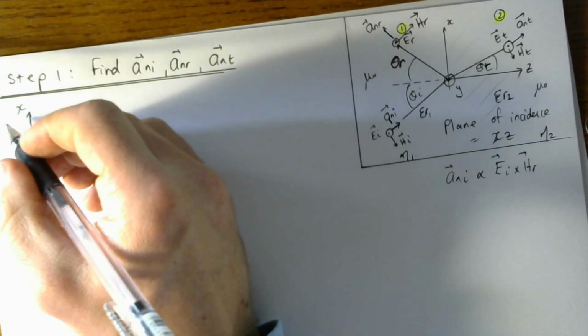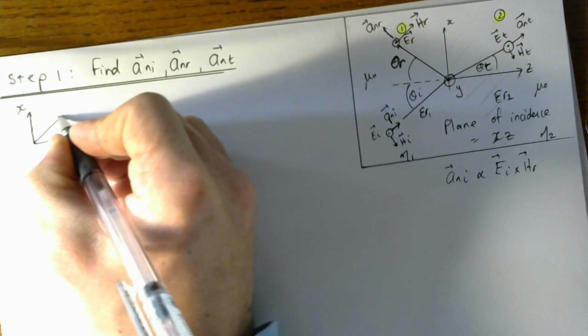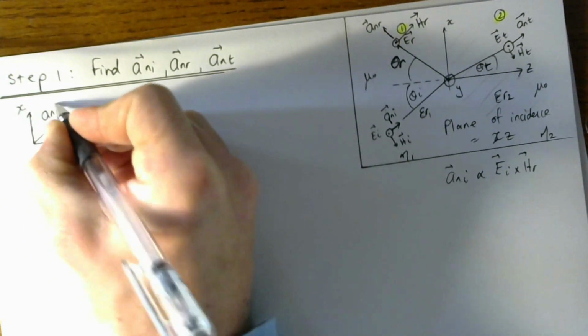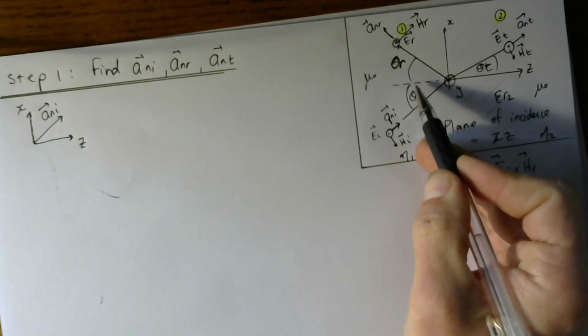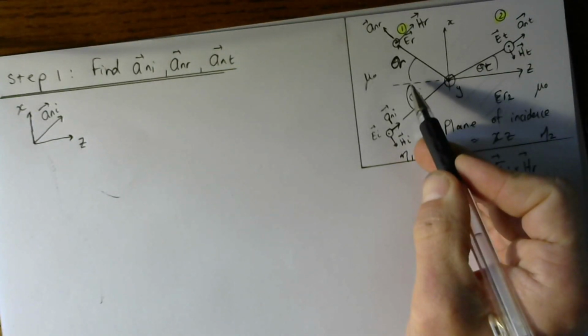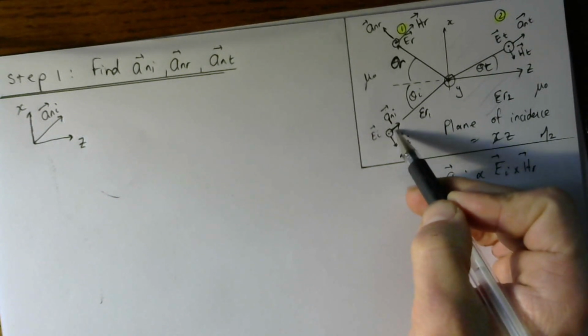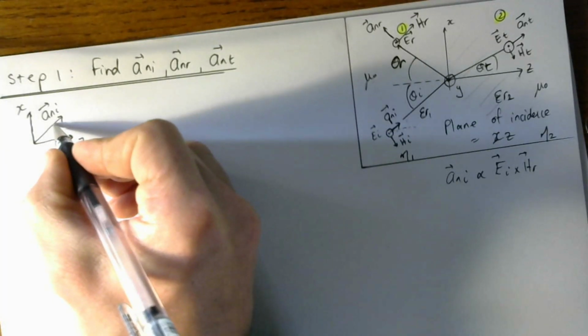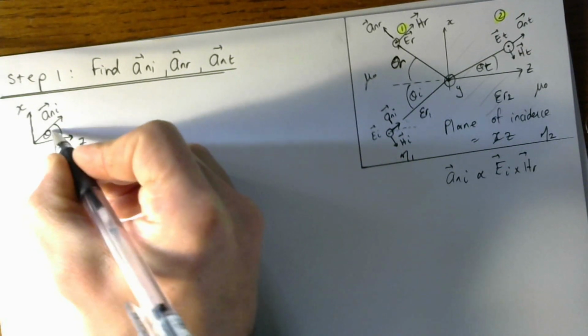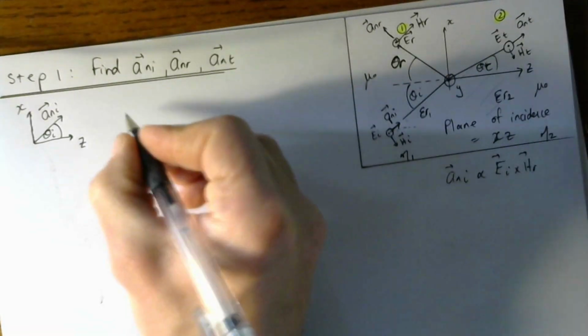Then I have a_NI over here, and if you follow trigonometry, this angle, if I have a little local axis, should also be equal to that angle. So this is theta I.